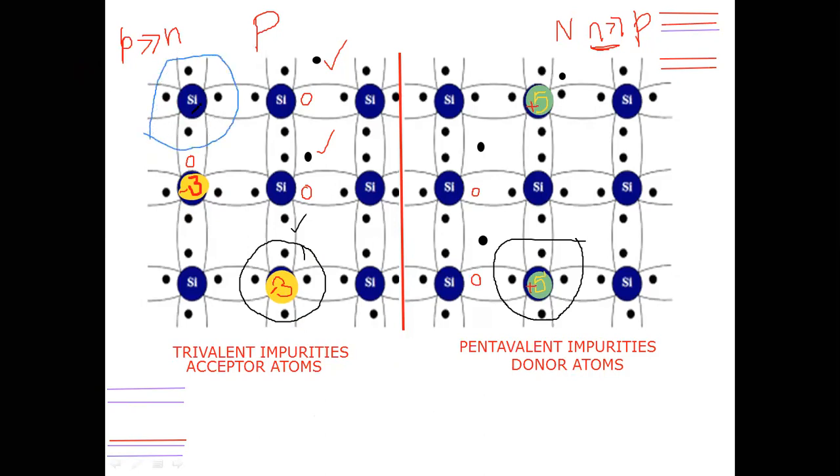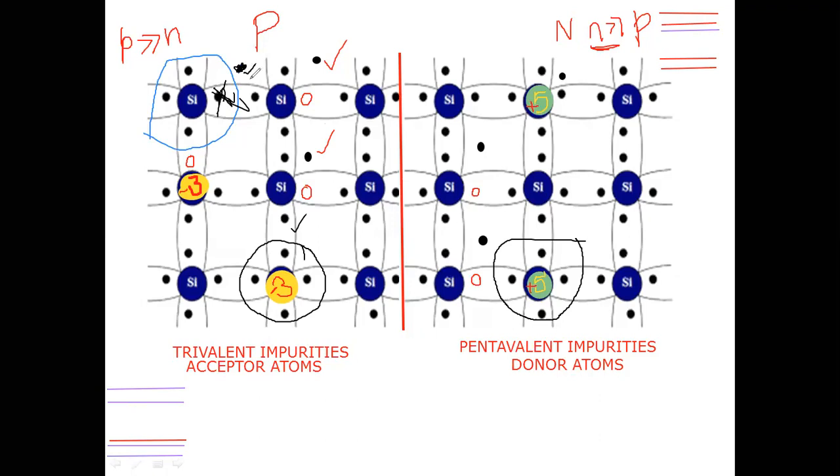For example, this silicon atom I am not drawing, because it is in a bond, so it doesn't participate in the conduction process. If the bond breaks, then the electron will come outside here, and there is no electron here now. This I will show. Why? Because in p-type, holes are majority charge carriers, and in n-type, electrons are majority charge carriers.